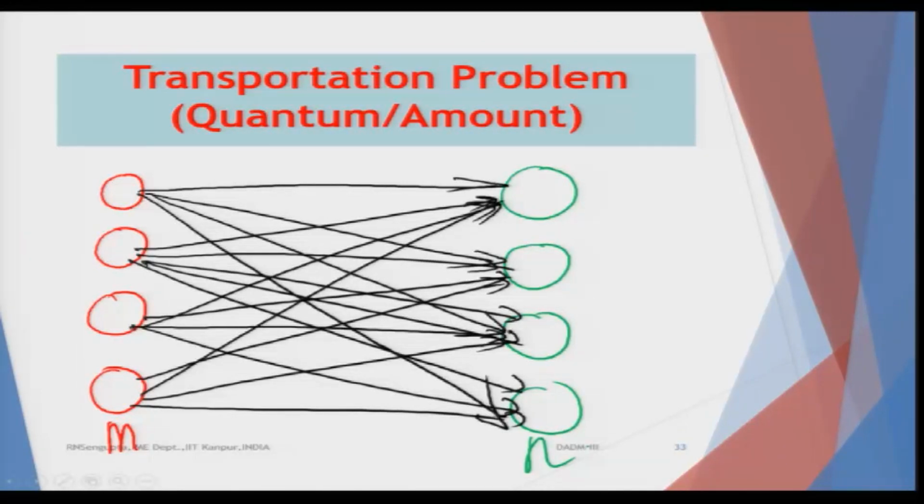Now, as you are transporting the goods, there are two important things to remember. Number one is, what is the cost structure for transporting from the ith one in the set of m origins to the jth one, j being the suffix corresponding to the n number of destinations. So, what is the cost structure, which would be given.